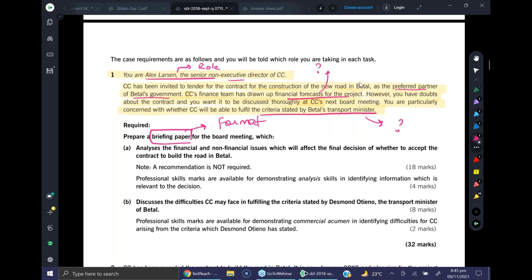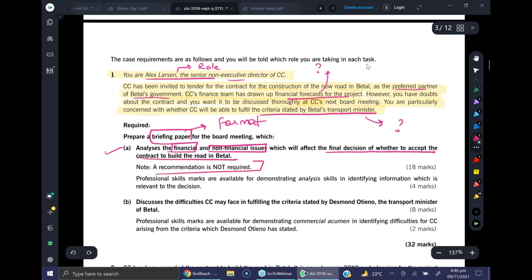Okay, so we have to prepare the briefing paper for the board meeting, which analyzes financial and non-financial issues which will affect the final decision of whether to accept the contract to build the road in Beetle. An examiner clearly says a recommendation is not required.